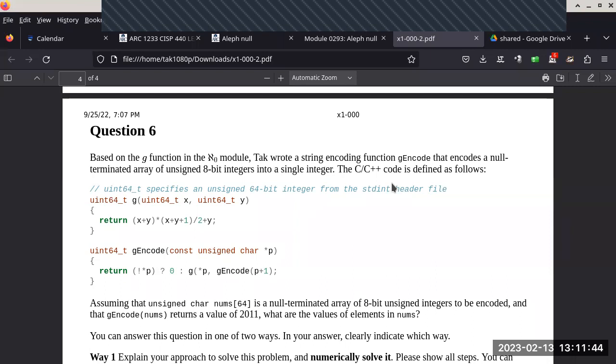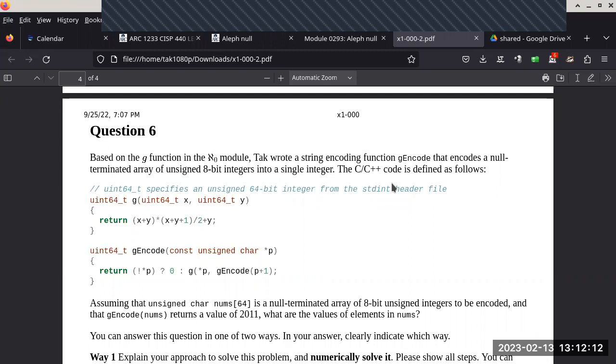Okay, Tech wrote a string encoding function G encode, this thing here, that encodes a null terminated array of unsigned 8-bit integer into a single integer. The C++ code is defined as follows. This is the code, this is G encode, which makes use of G. First of all, do we have any questions about this code, about G or G encode?